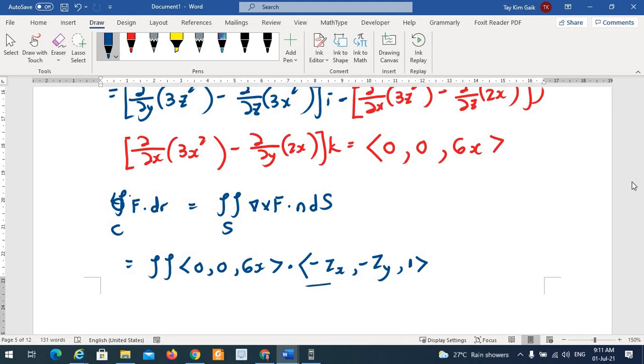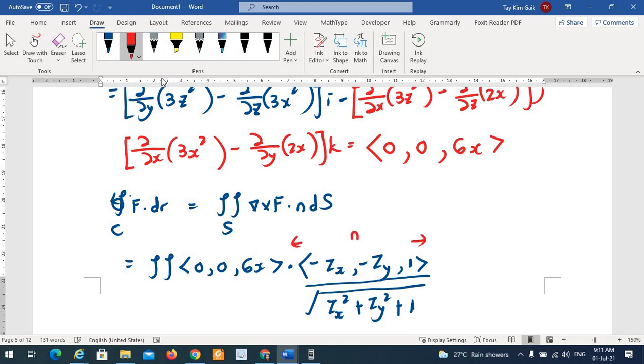Okay, this is the normal vector. If you want the unit normal vector, you have to divide by the magnitude of the vector. For the magnitude, you have a square root. You square each component: zx squared, plus zy squared, plus component k squared, which is 1. Okay, this is the formula for the unit normal vector pointing up.